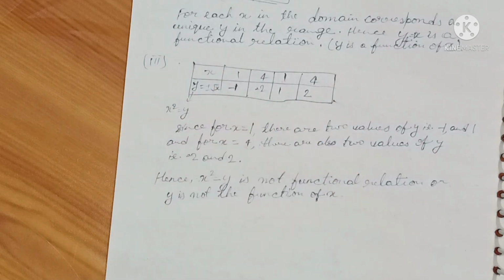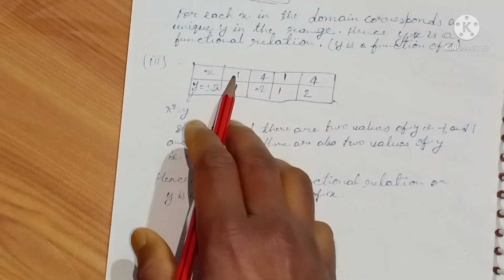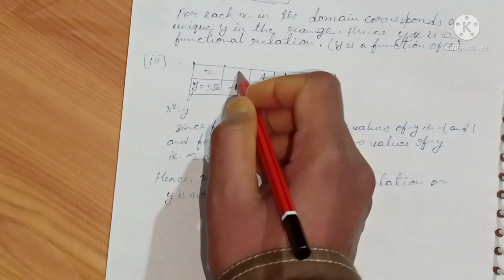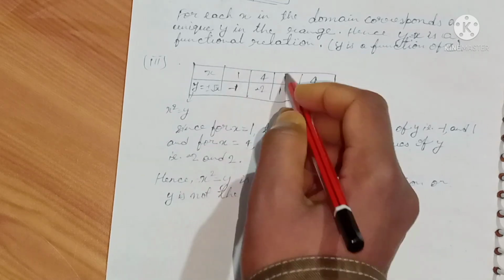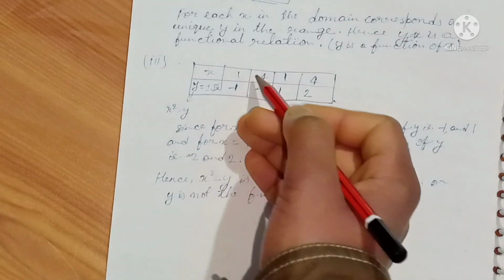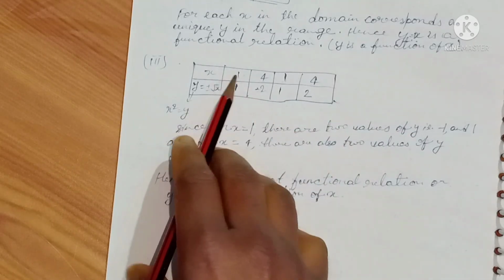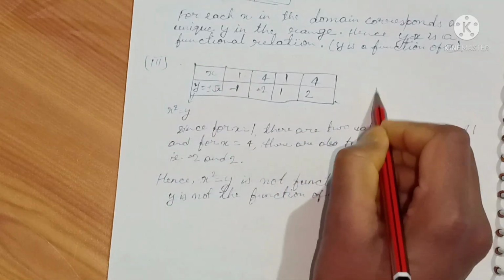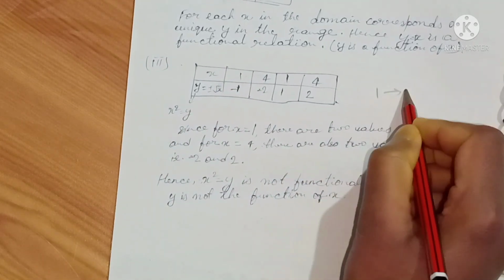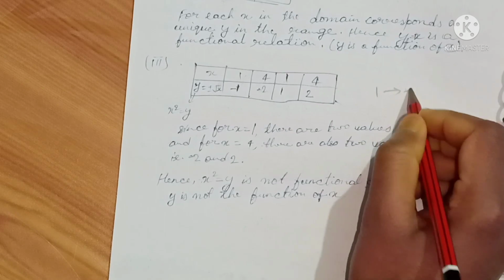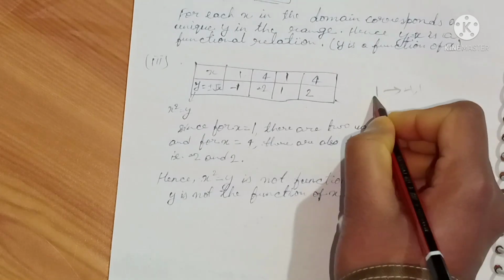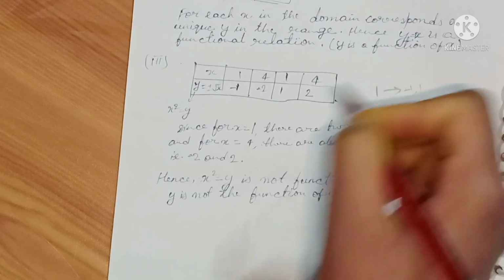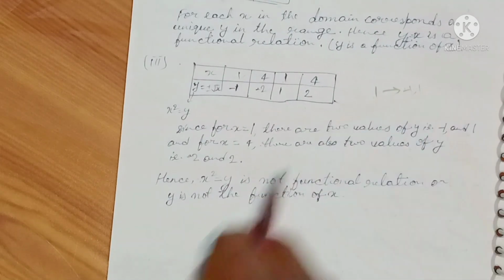Since we don't have to repeat in case of a set, these two are the same. So for element 1, there are two range values, minus 1 and plus 1. Okay, so this is the domain, this is the range. For each value in the domain, there are two values in the range.